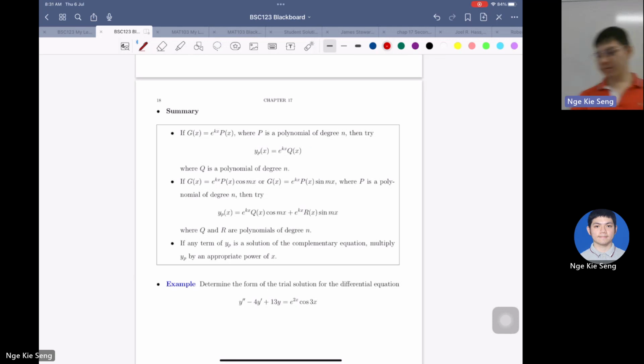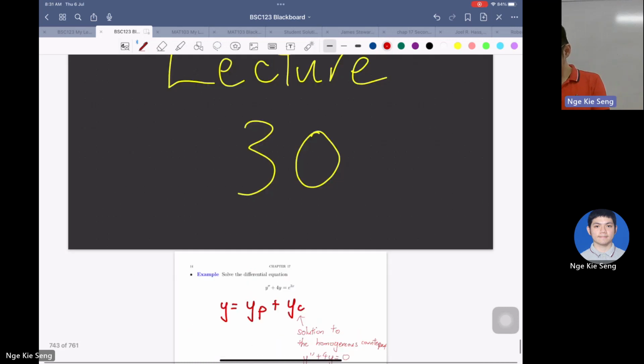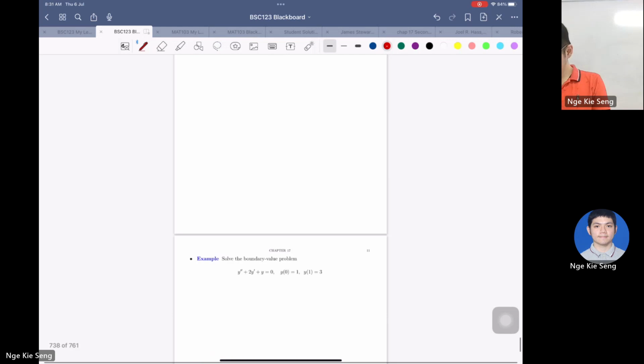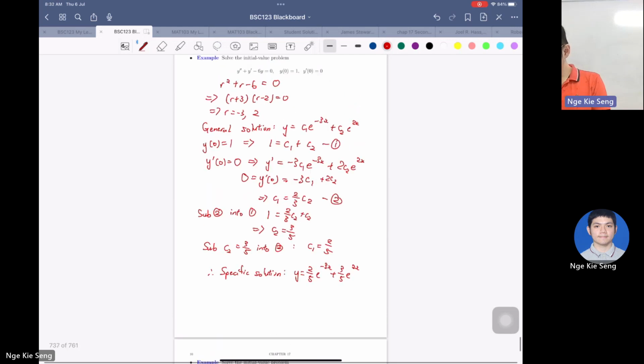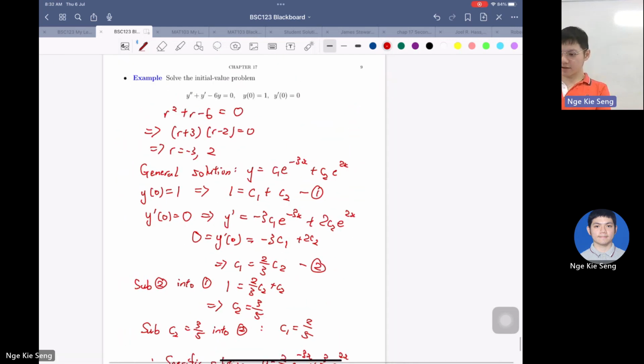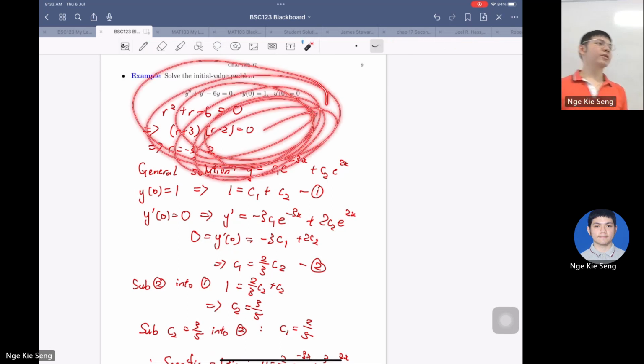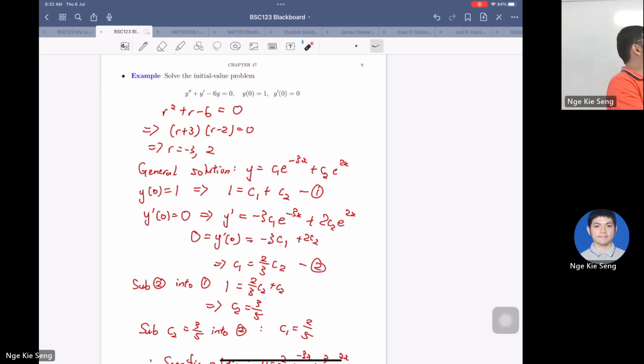So meaning this type. The one last time we did, have we done? Yeah, we did this. So this type of question is very important. It is the homogeneous initial value problem. Okay, like this.